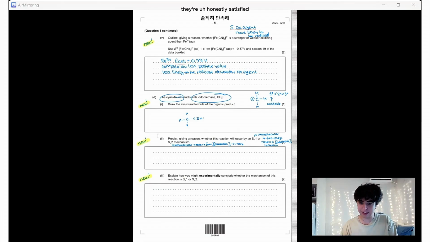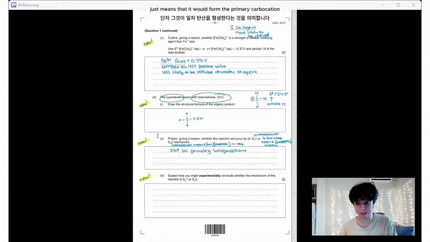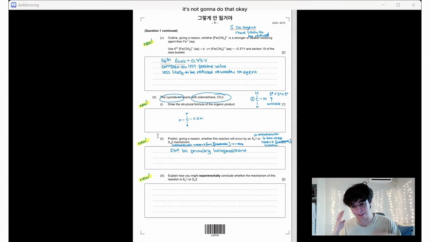They do accept that, but you can literally just say SN2 because primary halogenoalkane. But in terms of what that primary halogenoalkane means, it literally just means that it would form the primary carbocation if it were to be SN1, and that's unstable. It's not going to do that.